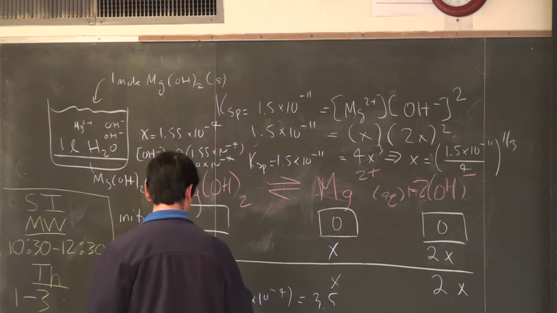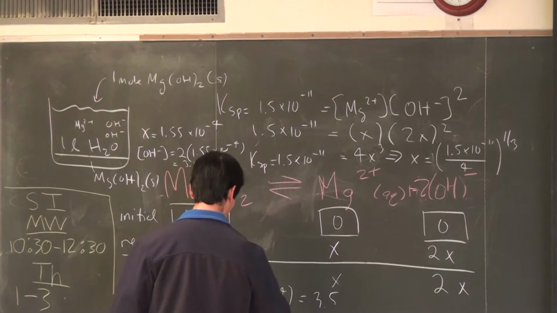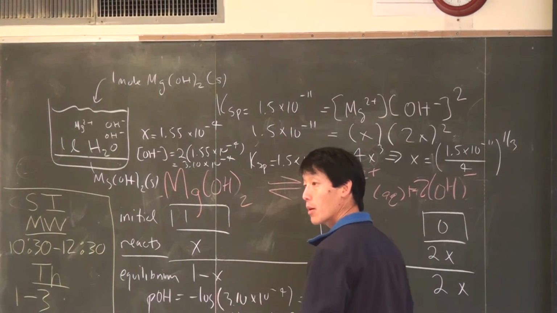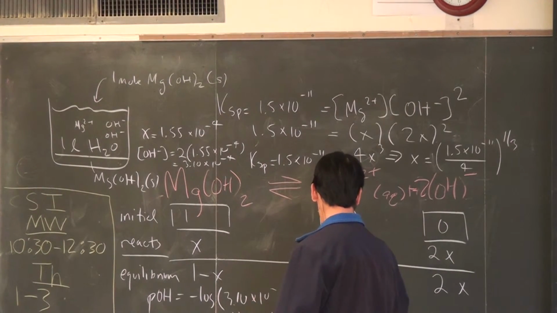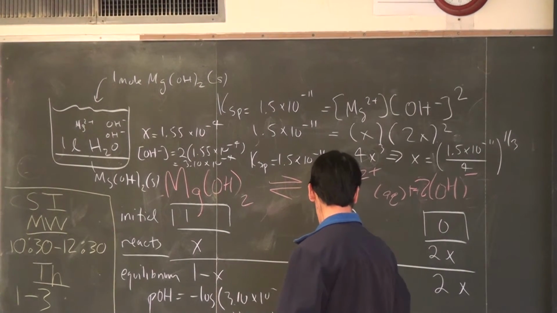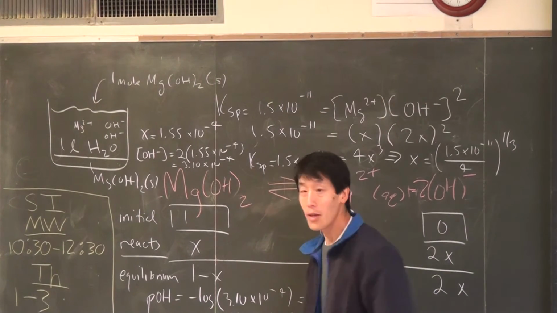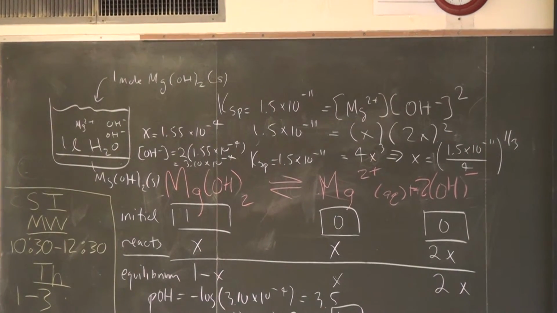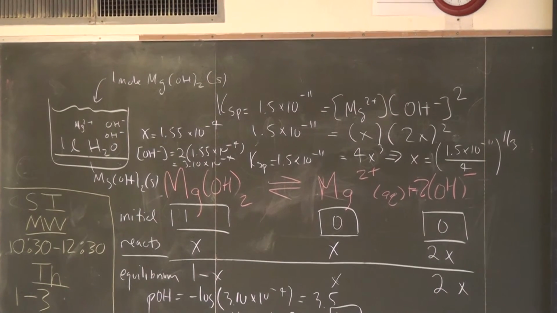So now pH is equal to 14 minus 3.5, and that's equal to 10.5. So although that magnesium hydroxide in Chem 1A was in the water, because it's slightly soluble, we'll get a basic solution out of that.